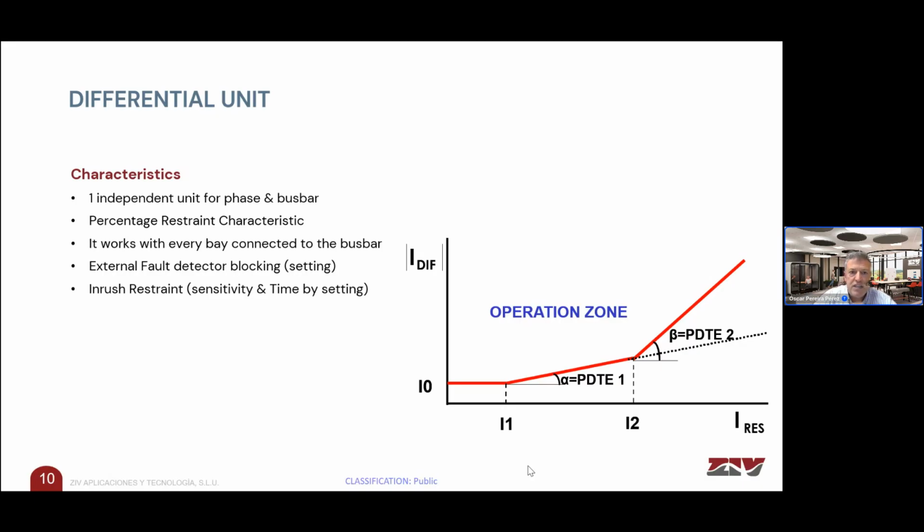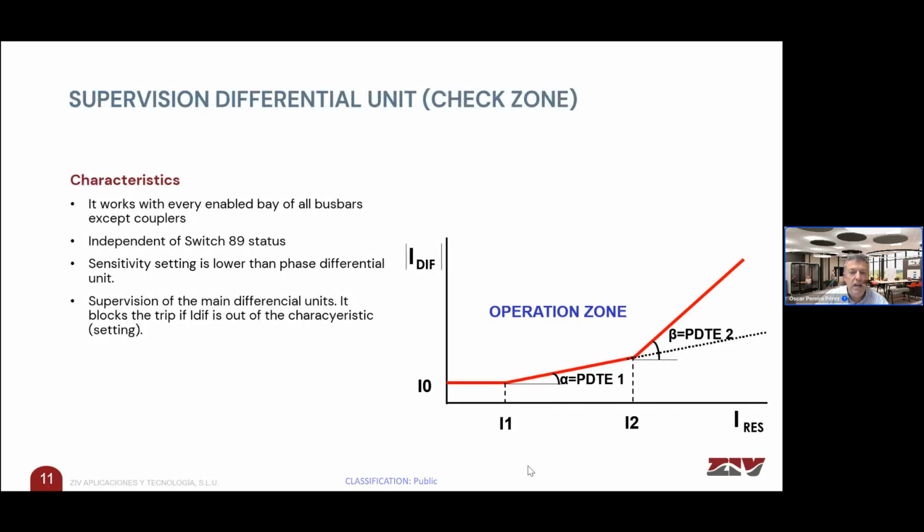Okay, just to show you, our differential unit is the typical one with 2 slopes and a sensitive current value, and it operates following the characteristic shown in the picture. Apart from the busbar differential unit, we also have the supervision differential unit, commonly called the check zone.